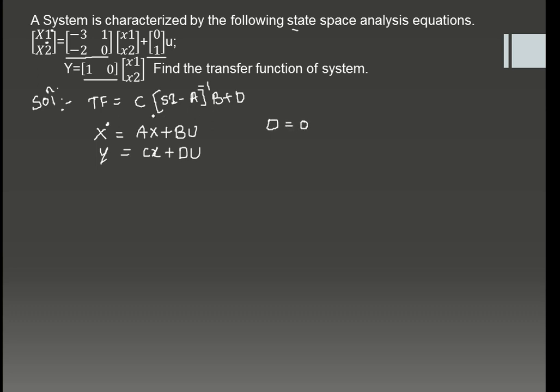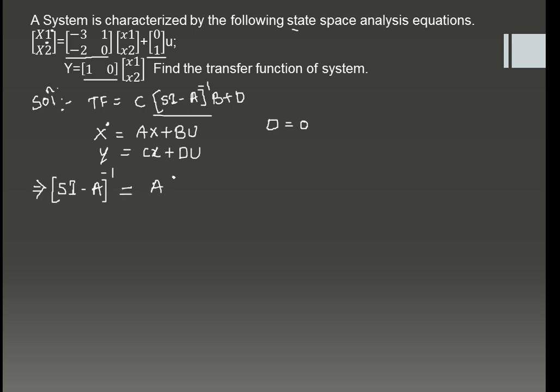So in order to find out the transfer function, the formula is C into (SI minus A) inverse B plus D. So first we have to find out the (SI minus A) inverse value. The inverse of any matrix is equal to the adjoint of that matrix divided by the determinant of that matrix.